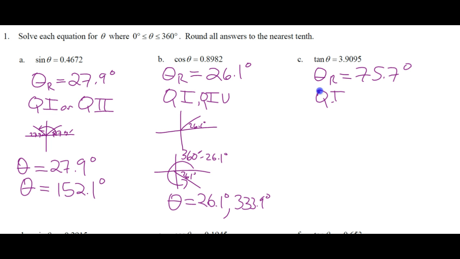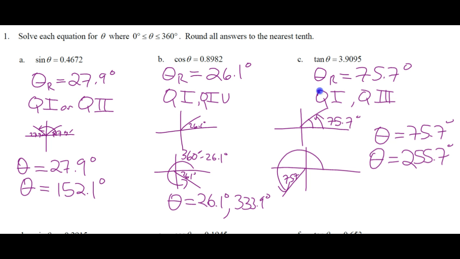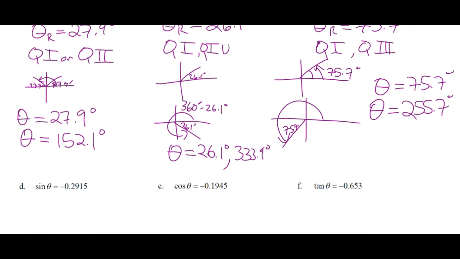Tangent is positive in quadrant 1, quadrant 3. You really shouldn't need to be drawing this for quadrant 1. Okay, so your solution, 75.7 degrees and 255.7 degrees. If you notice me make a mistake up here, please correct it before.